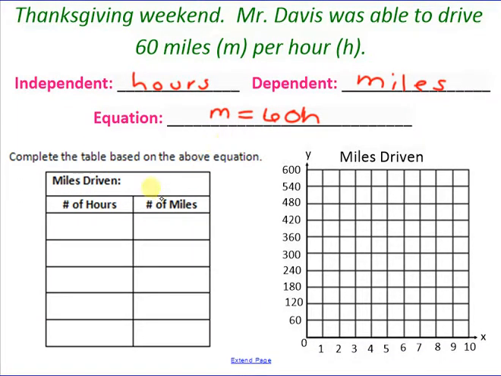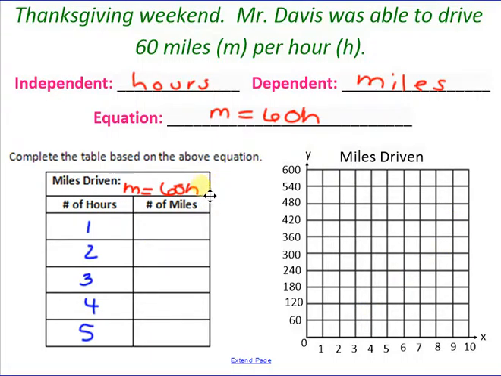Okay, so let's go ahead and fill out this table. Our equation is M equals 60H, now that I've thoroughly confused you. Let's determine how many hours we want to drive. We want to drive 1, 2, 3, 4, and 5 hours, just enough to get our line going here on our coordinate plane.